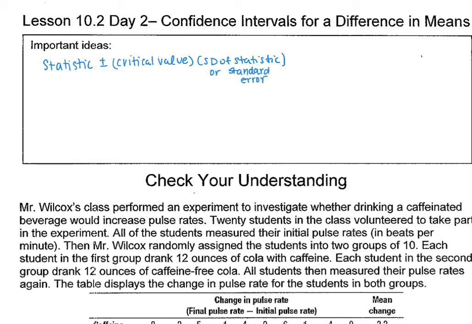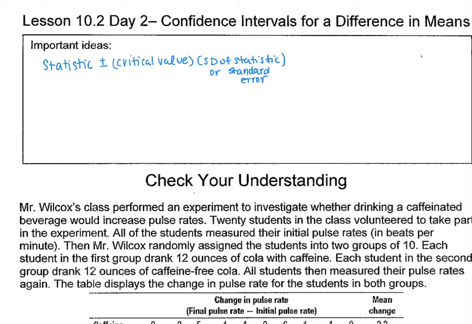The standard error is just a fancy way of saying that we're using sample data in our standard deviation instead of population data. And that happens a lot with confidence intervals because the whole point of a confidence interval is to use sample data to estimate the population. It's completely backwards from most of our other inference things that we do, like significance tests.